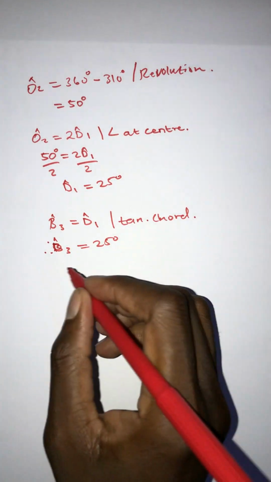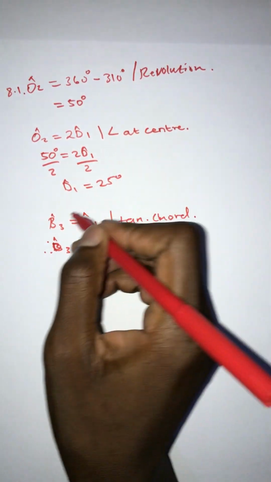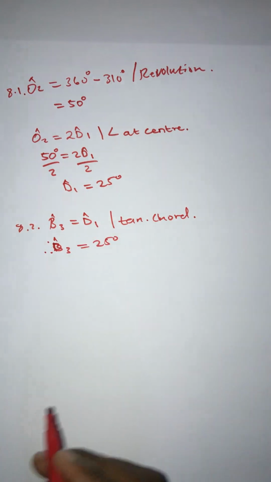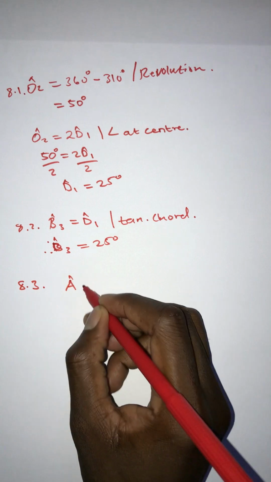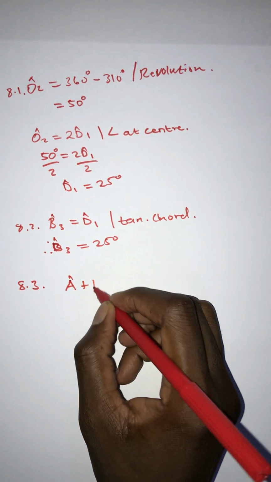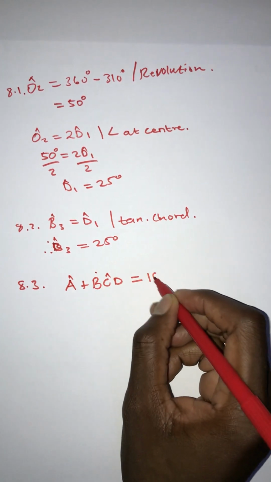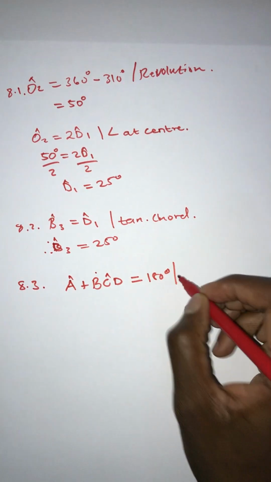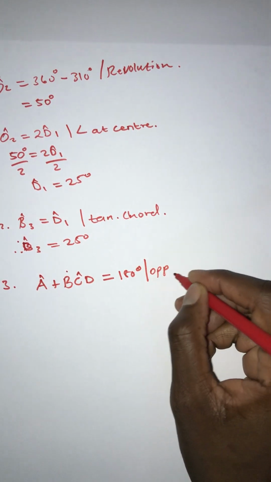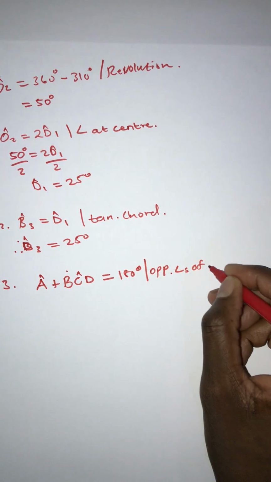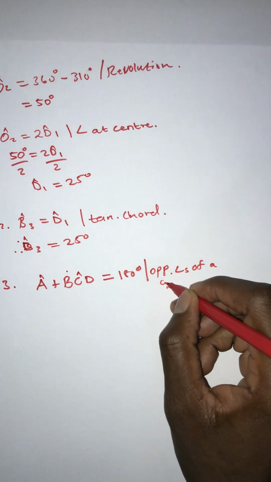So we're going to say, okay, this is B1, this is B2. So B3, we are going to say angle A plus angle BCD is equal to 180 degrees. The reason is opposite angles of a cyclic quad.